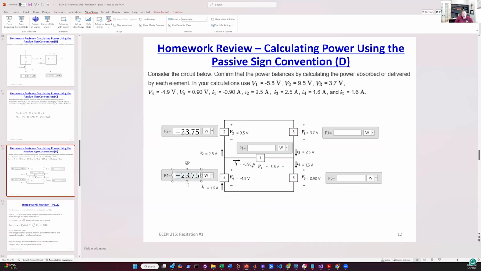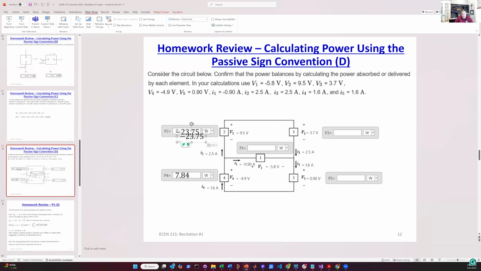This one here, we have the current is 1.6 amps coming in the negative terminal. So that would be minus 1.6 amps per the terminal nomenclature. So minus 1.6 times, using the nomenclature, positive to negative, minus 4.9. So minus 4.9, multiply those two together, we end up with 7.84 watts.